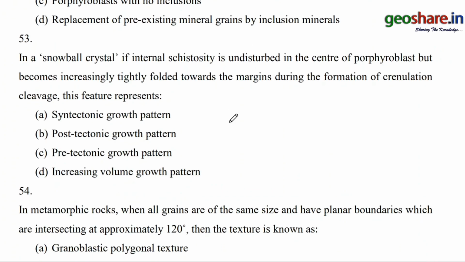In a porphyroblast crystal, if internal foliation is undisturbed in the center of the porphyroblast but becomes increasingly tightly folded towards the margin during the formation of crenulation cleavage, the feature represents a syn-tectonic growth pattern.